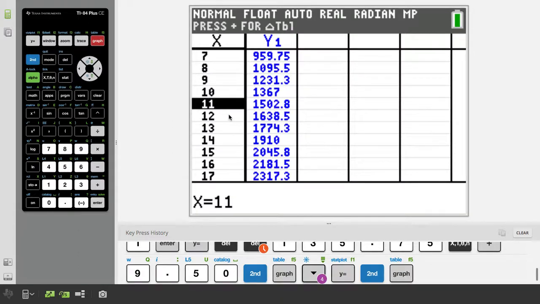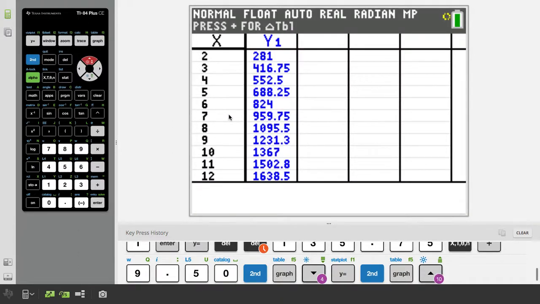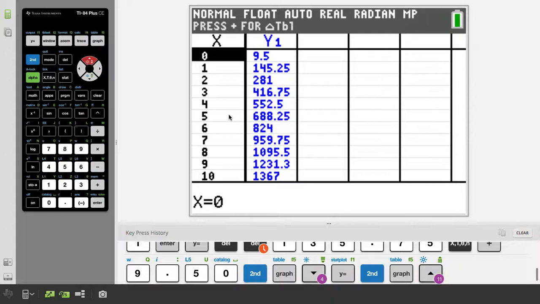So if I go back at 0, it should say 9.5, and it does. And then for every shoe I get, it should go up by 135.75. And look at that, it does.